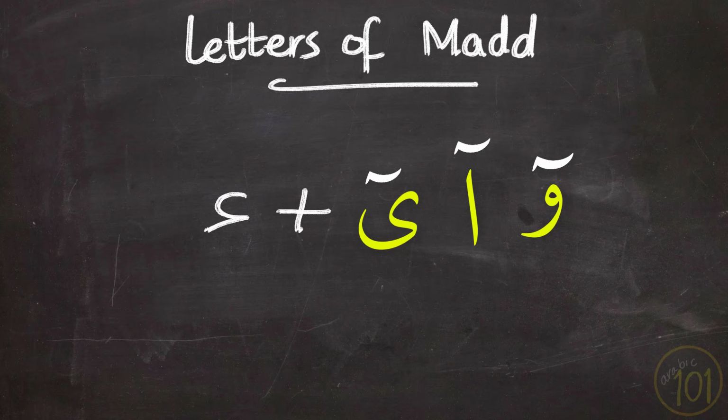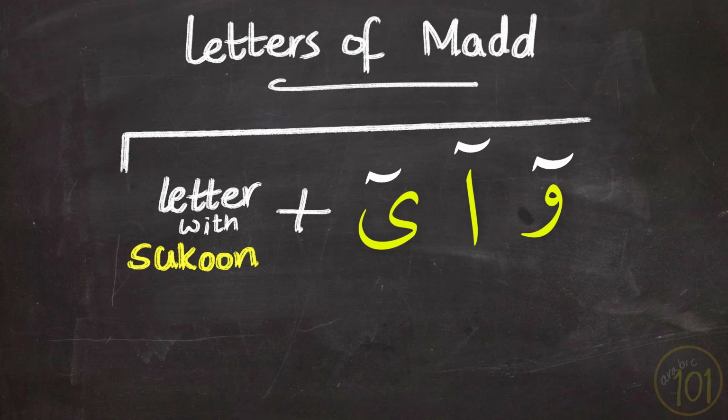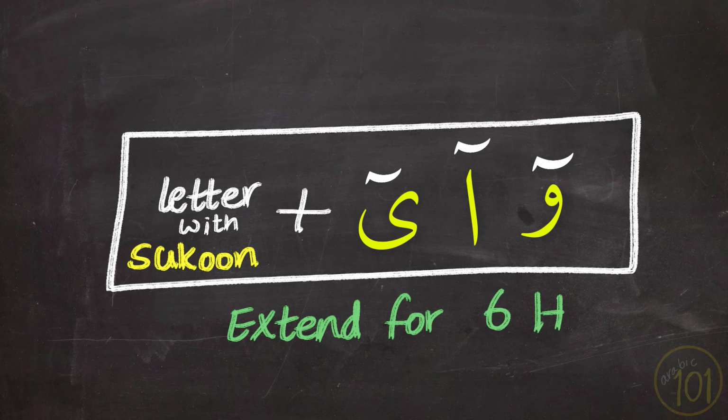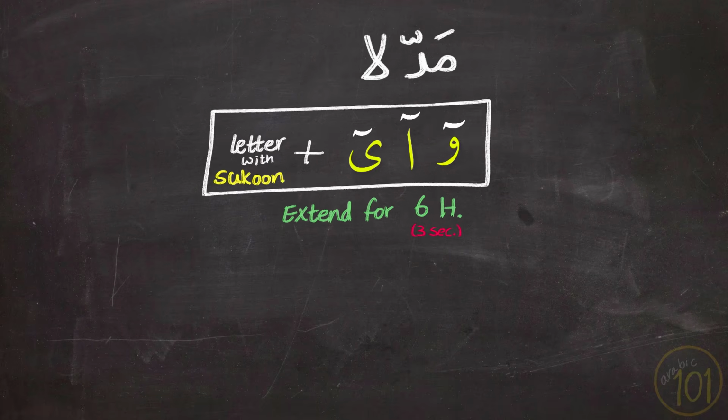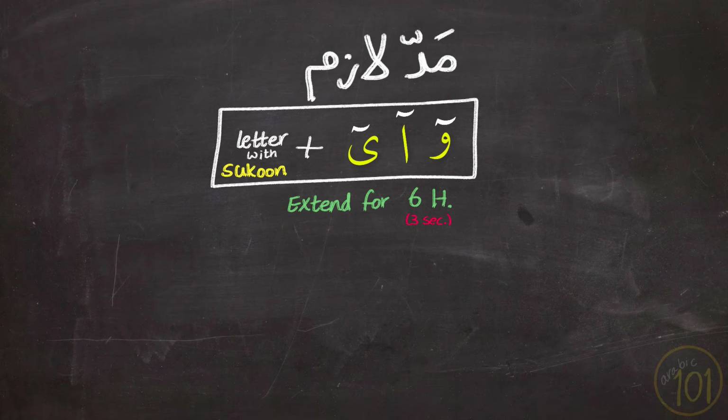However, hamza is not the only reason that causes these letters to get extended longer than 2 harakat. In fact, if a letter has sukoon came after them, they must be extended for 6 harakat or 3 seconds, the longest you will ever have to extend any letter in the Quran. And this is what we call med lazem.